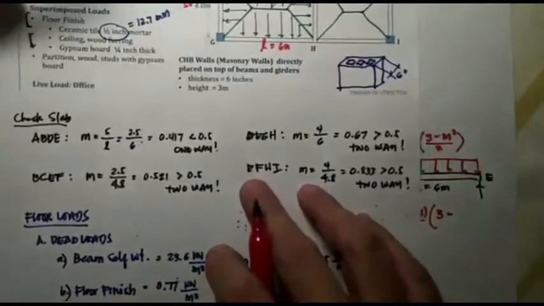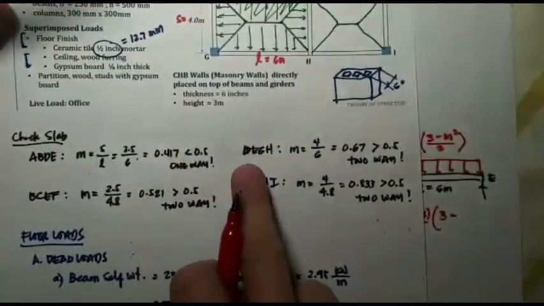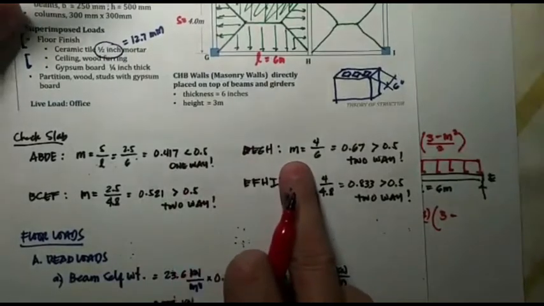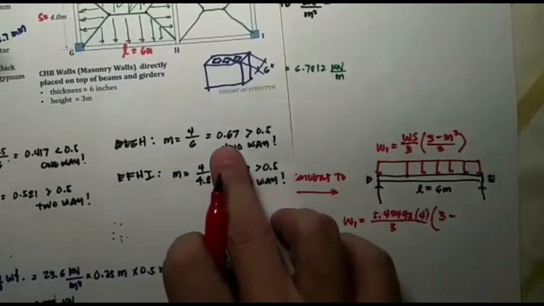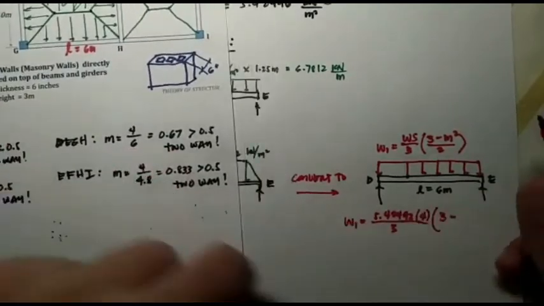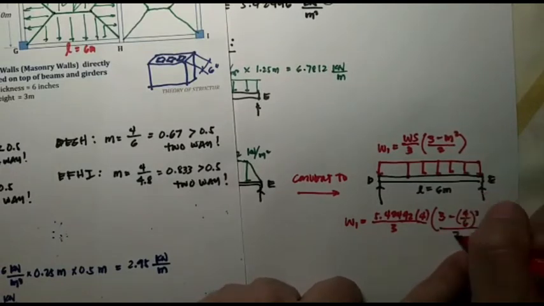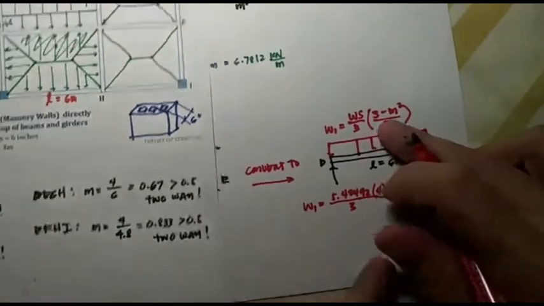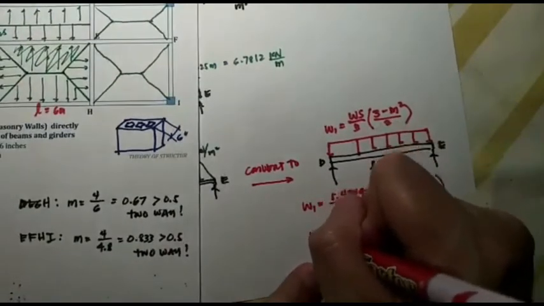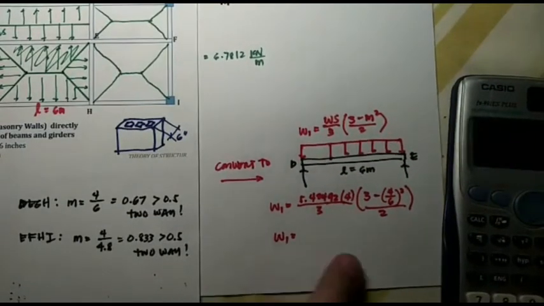Okay, ano yung ratio ng S over L dito? DEGH. Ito yun, DEGH. Ito yung M, which is 4 over 6 or 0.66, 4 over 6 na lalagay ko. 4 over 6 square divided by 2. Yan. So, yan yung formula. So, I will get now the equivalent uniform load galing sa trapezoidal load.